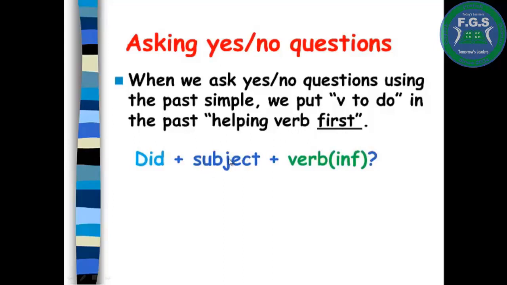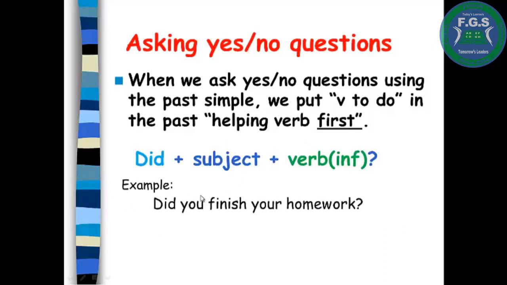Subject: I, we, you, they, he, she, it, plus verb infinitive. Example: did you finish your homework? Here did is the helping verb, you the subject, finish the infinitive, and your homework the complement of the question.